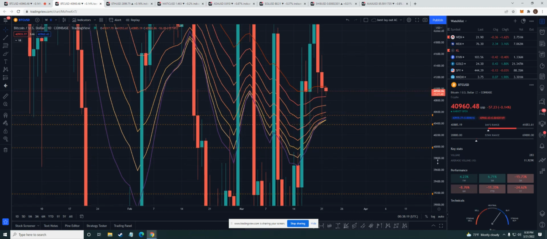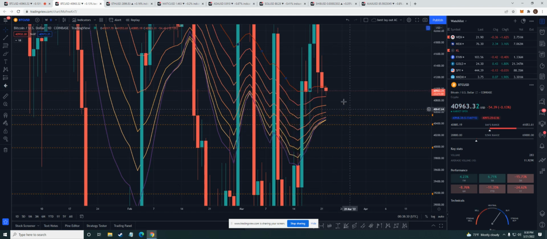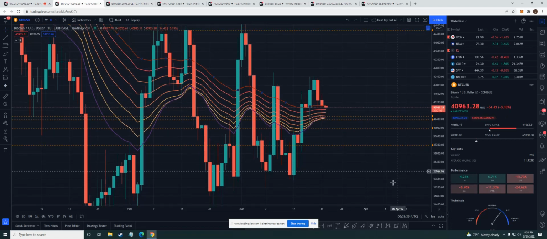But currently, we did close a candle underneath, if it lets me click on here, underneath the 55 EMA. So now that's kind of acting as resistance. So the first thing I want to see is a higher time frame closing above there for more continuation to the upside. And then let's see what we have on a fib.